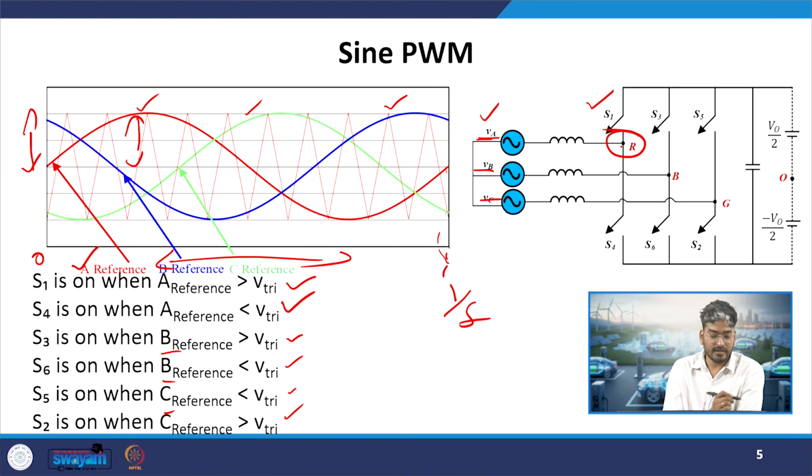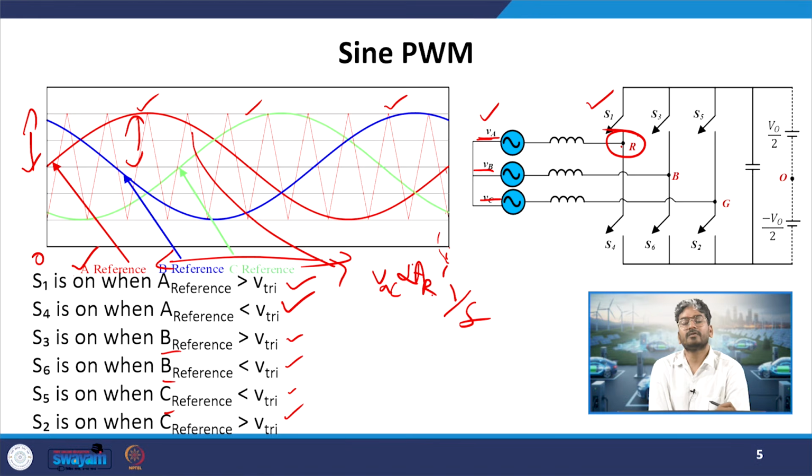This is true as long as the converter operates in the linear region. What is the linear region? The modulation index, or the ratio of your modulating signal to Vdc by 2, if it is between 0 and 1, will operate in the linear region, and our AC output will be proportional to the magnitude of my modulating signal, A reference or B reference, as long as the value is limited between 0 and 1.